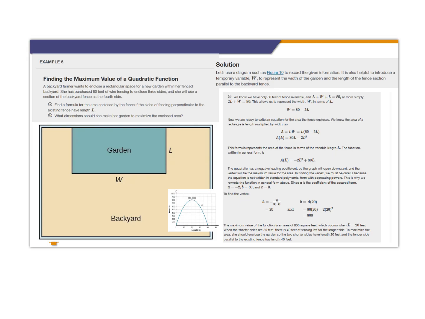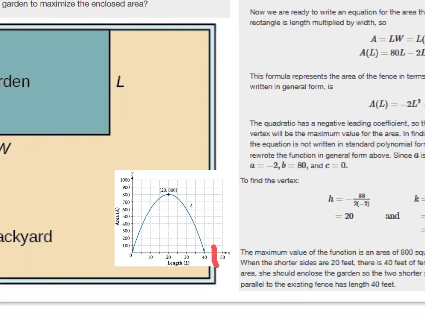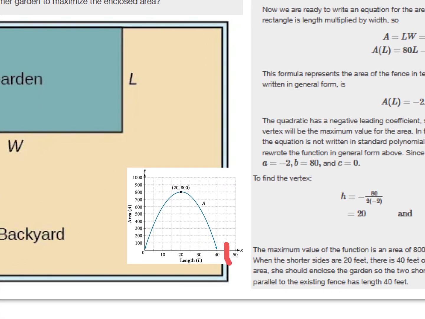I used the strategy after I found my equation. I did put the picture of the parabola, and sure enough, if I graphed that equation with a calculator, I would have found my vertex by just looking for it, and I'd have that same point there.